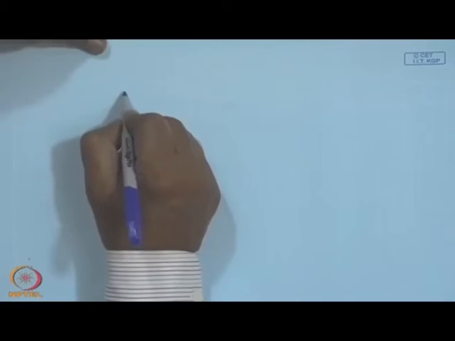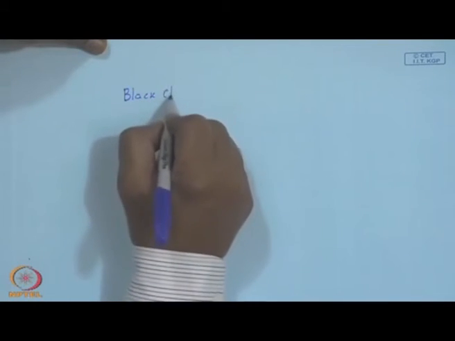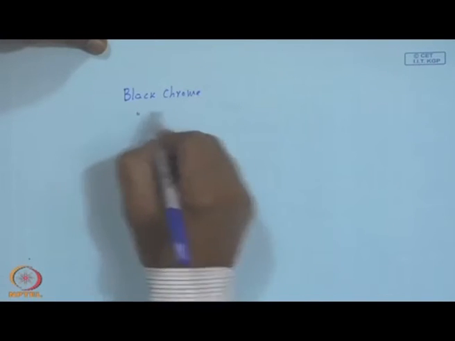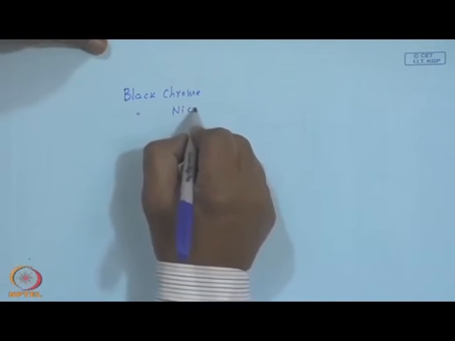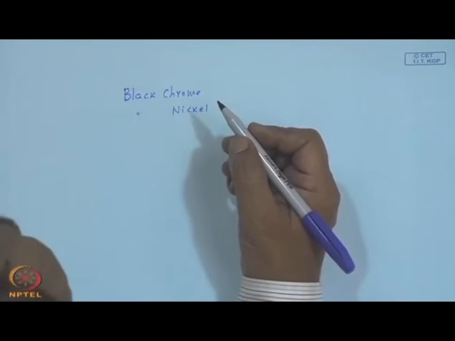But assuming there are many recommended commercially available selective surfaces like black chrome and black nickel. These are the two stable coatings.